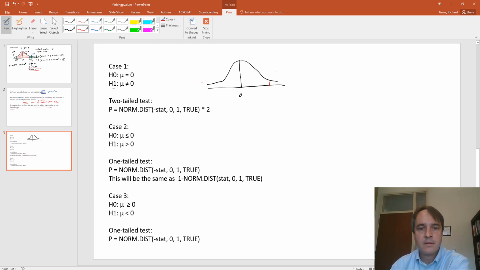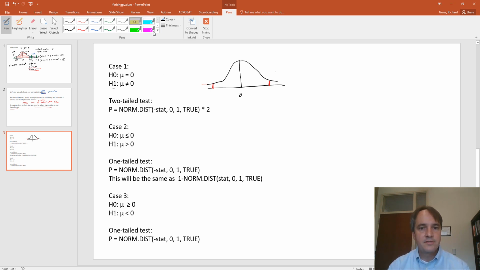We're interested in two different possibilities here, right? Because not equal could mean two different things. It could be that the mean is less than, or it could be that it's greater than 0.